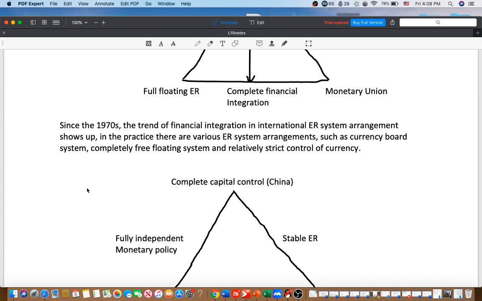Assume the standard Mundell-Fleming model has completely free movement of capital. In the case of completely free flow of capital, the model discusses exchange rates and monetary policy independence.